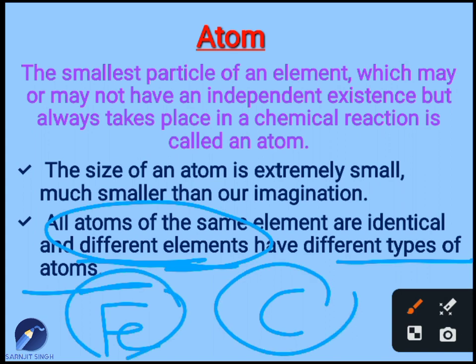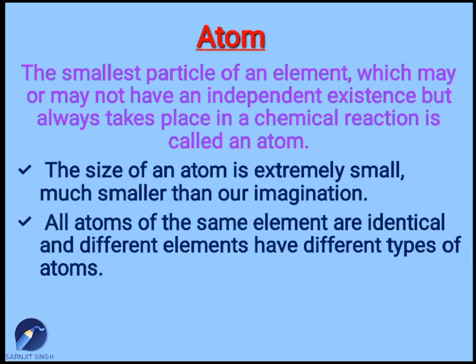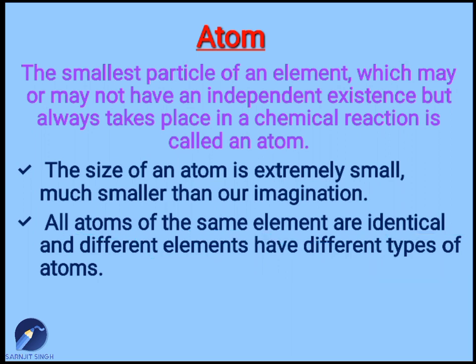So the atoms of iron and the atoms of carbon are different from each other. That means if the element is the same, all atoms are identical. But if the elements are different, then the atoms of different elements are of different types. So every element has a different type of atom. Clear?